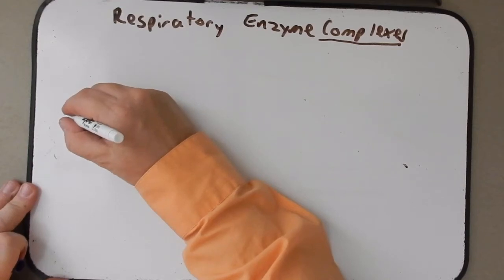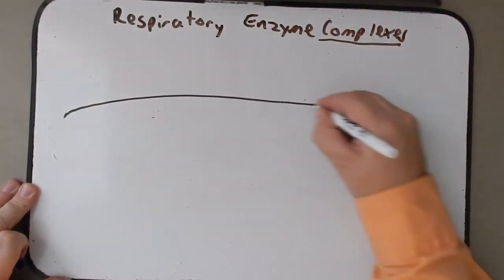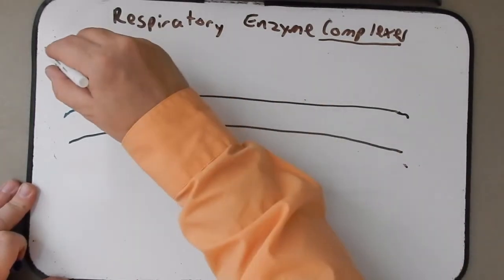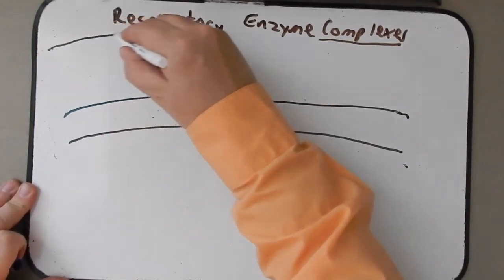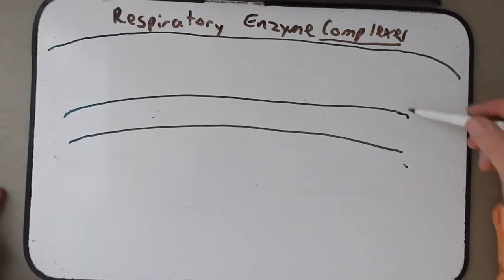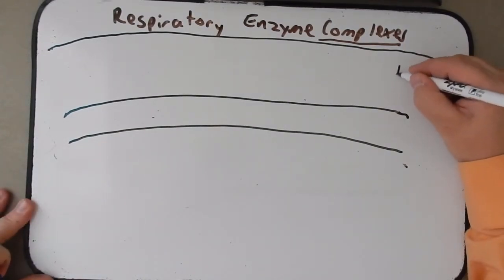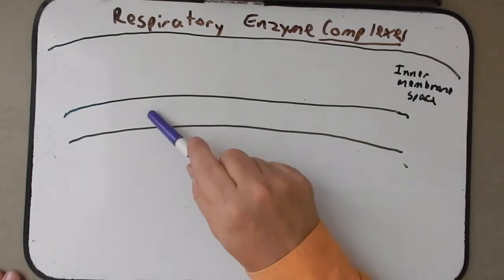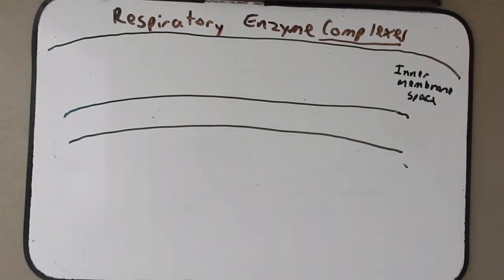And what I'm going to do here is I'm only going to draw the inner membrane. I'm going to draw it like so here. Remember, our outer membrane, I guess I can draw it up here. The outer membrane doesn't play much of a role here, except that it creates this intermembrane space. We're going to spend most of our time talking about the inner membrane and what's happening there.